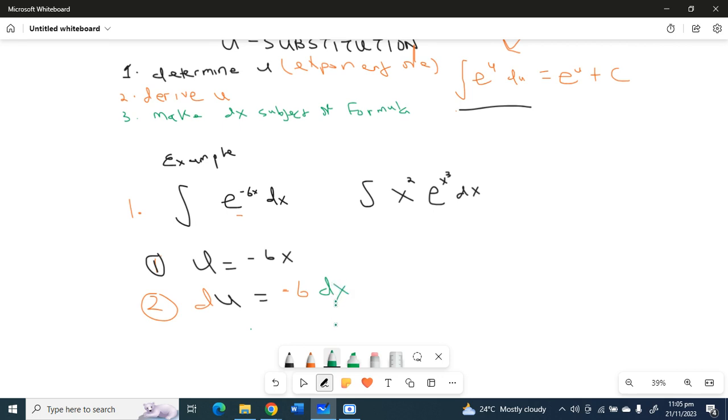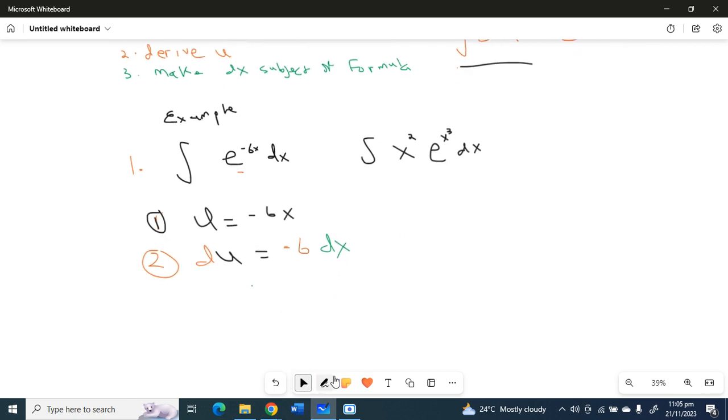Once you have done that, you make dx the subject of the formula. To make dx the subject of the formula, divide both sides by negative 6. So dx equals du over negative 6.